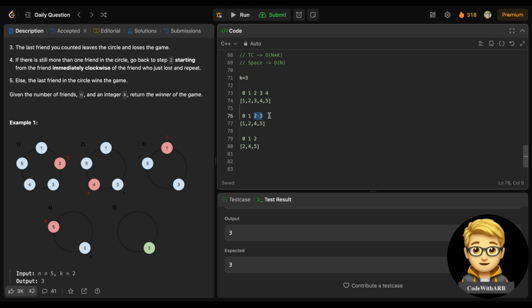But after this 3, we started from 4, 5. If you take this 4 as a starting element, it will be something like 4, 5, 1, and 2, so its indices will be 0, 1, 2, and 3, right?